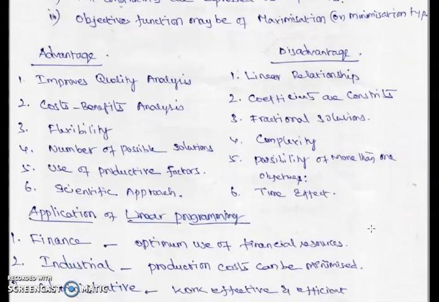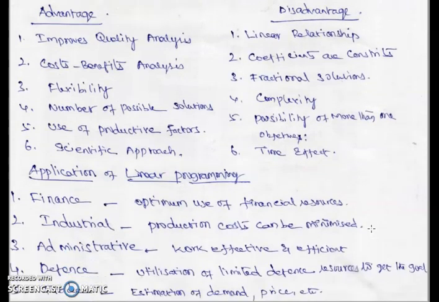What are the applications of linear programming problems? In real life, we use linear programming in a few areas. First is finance, with the optimum use of financial resources. Second is industrial, where LPP is used to minimize production cost.